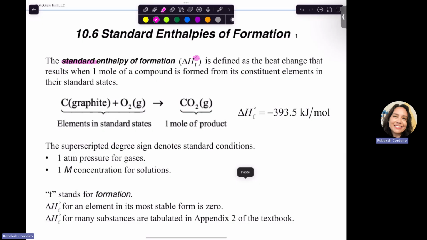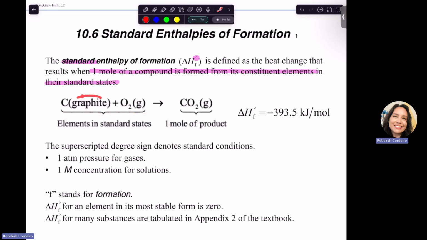It's defined as the heat change when, and this is what makes it standard, 1 mole of a compound is formed from its elements in their standard state. So that's what makes it standard. You can have an enthalpy of formation, but it's only a standard enthalpy of formation if it's 1 mole of products that comes from the elements as they naturally exist.